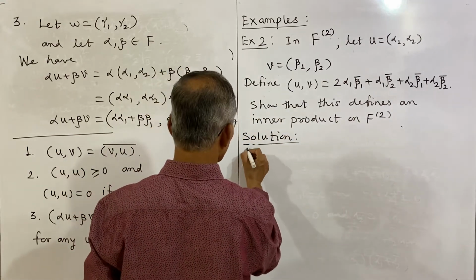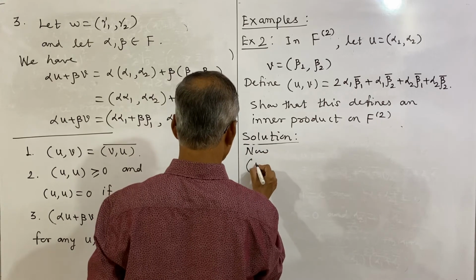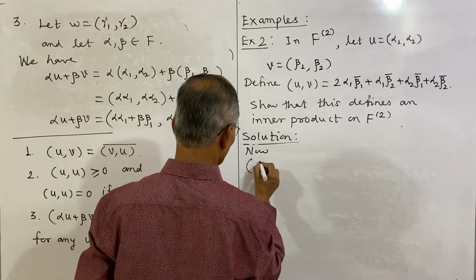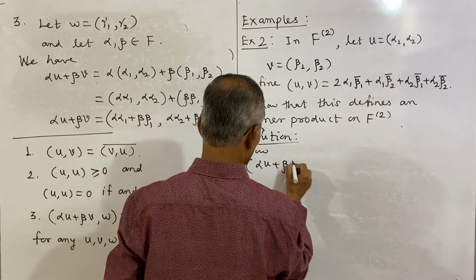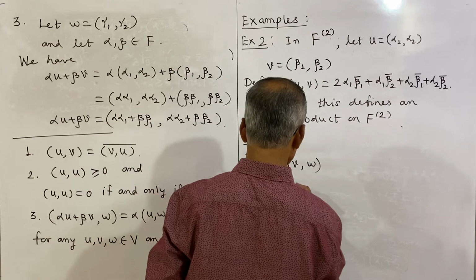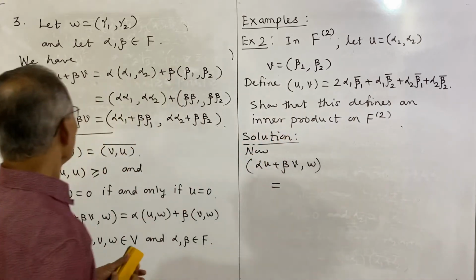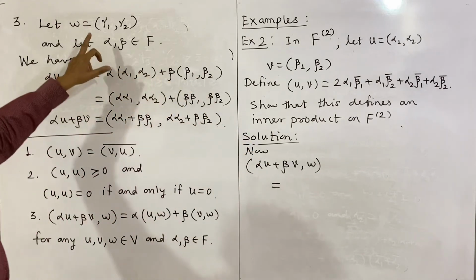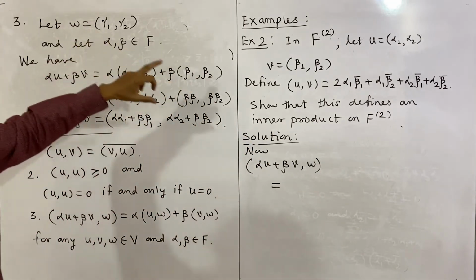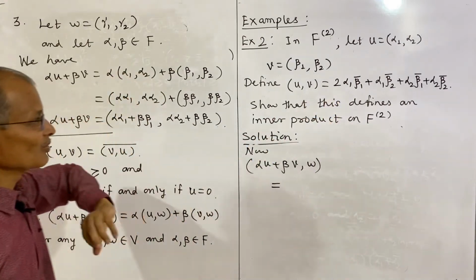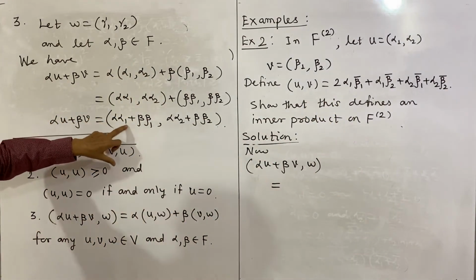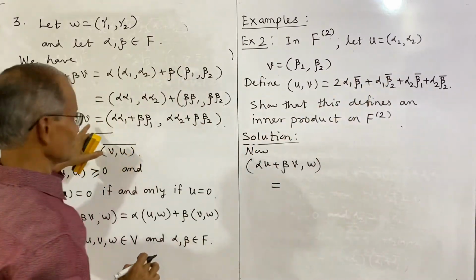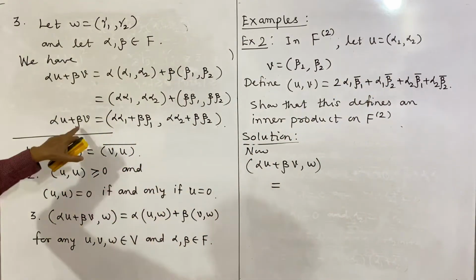So now the inner product of alpha u plus beta v with w is equal to, now you see this is the first vector and w is here the second vector. So by this definition we have to write it. So 2 into the first component of the first vector, 2 alpha 1, where the first vector is now alpha u plus beta v.